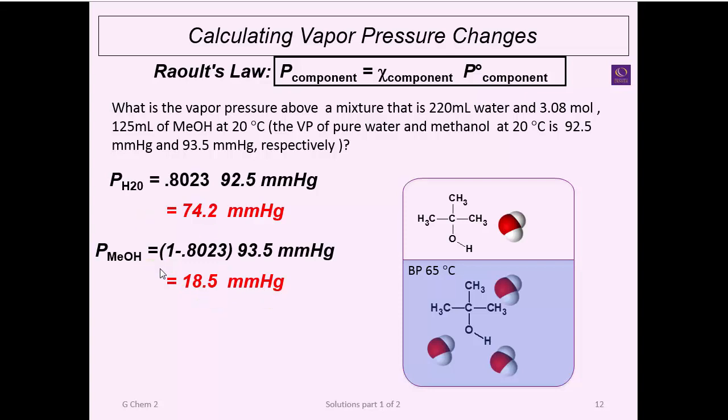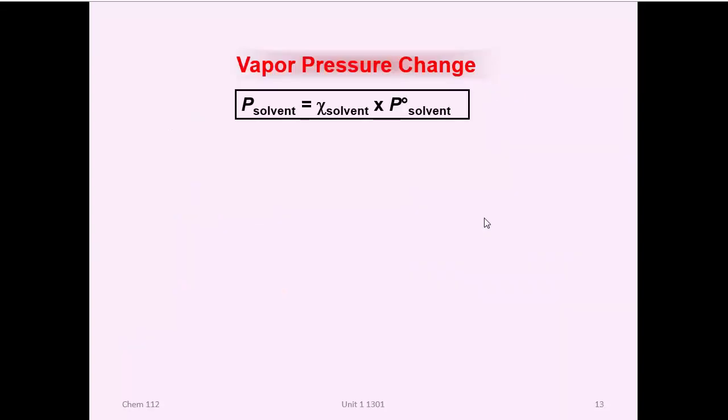And if you sum these together, that would be the pressure total over the headspace. Partial pressures are right here, pressure total in the headspace. And once again, these follow Dalton's law of partial pressures as well. So that's the number of moles that are sitting up there, and the percent by volume that's sitting up there in the headspace as well. Okay, vapor pressure change.